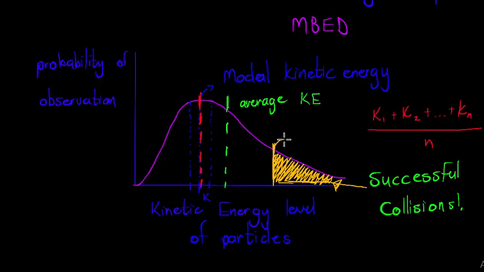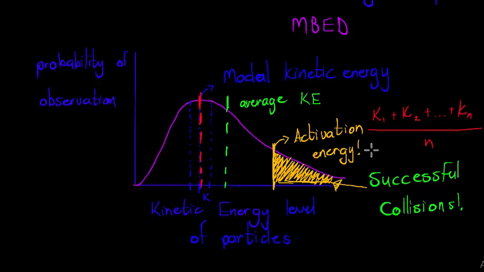This energy level is called the activation energy. Remember, activation energy is the energy we need to add in order for particles to reach the activated complex, the point at which it has enough energy for successful collisions. That is what we want to reach.